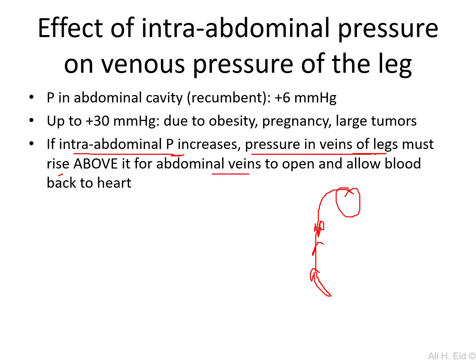So when the intra-abdominal pressure increases, regardless of whether we have ascites, excessive fluid, obesity, pregnancy, large tumor, regardless of the reason, the pressure in the veins of the leg must rise above whatever the value of the abdominal pressure, so that the valves in the veins can open up and the blood can be redirected back to the heart.